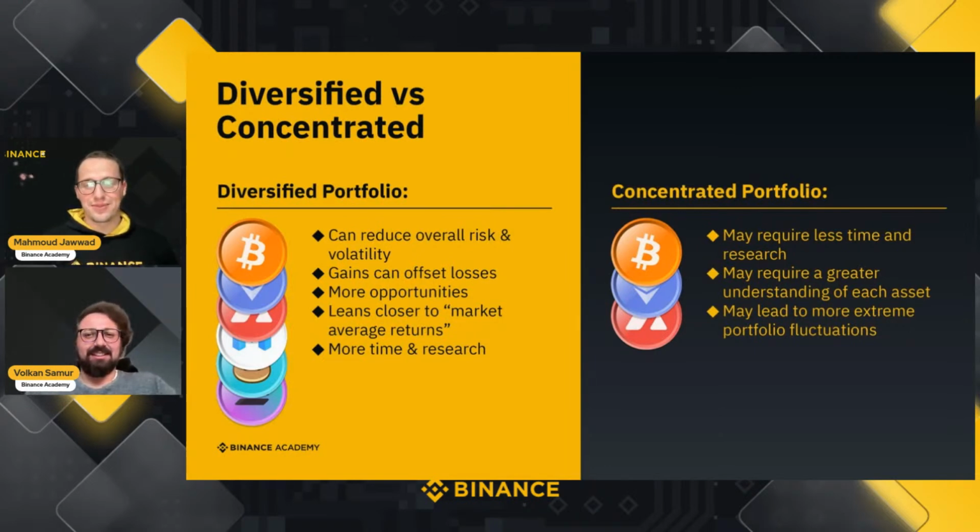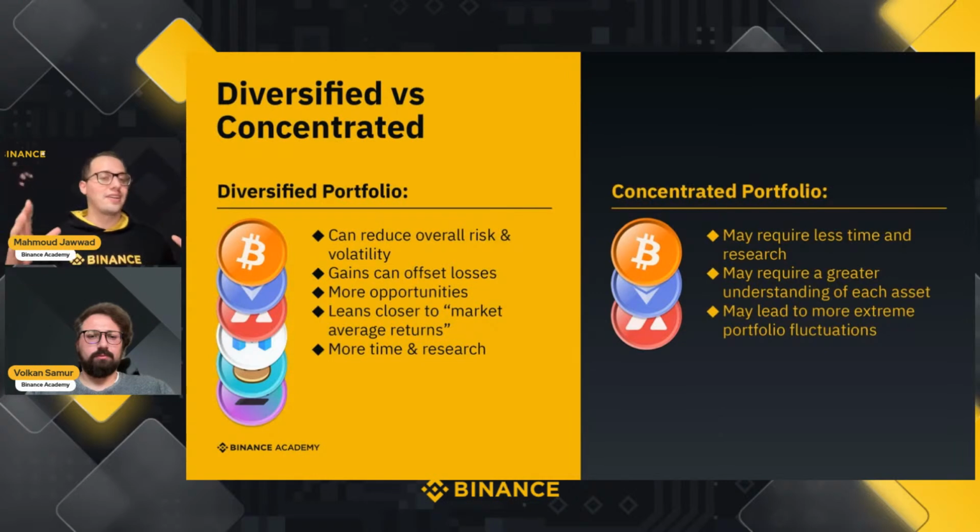So what's the difference between diversified and concentrated? So generally speaking, the advice experts will tell you is that you should basically diversify your crypto portfolio. While it is a standard for investors, there are pros and cons to spreading your capital around different asset classes. So a diversified portfolio reduces first, overall risk and volatility.